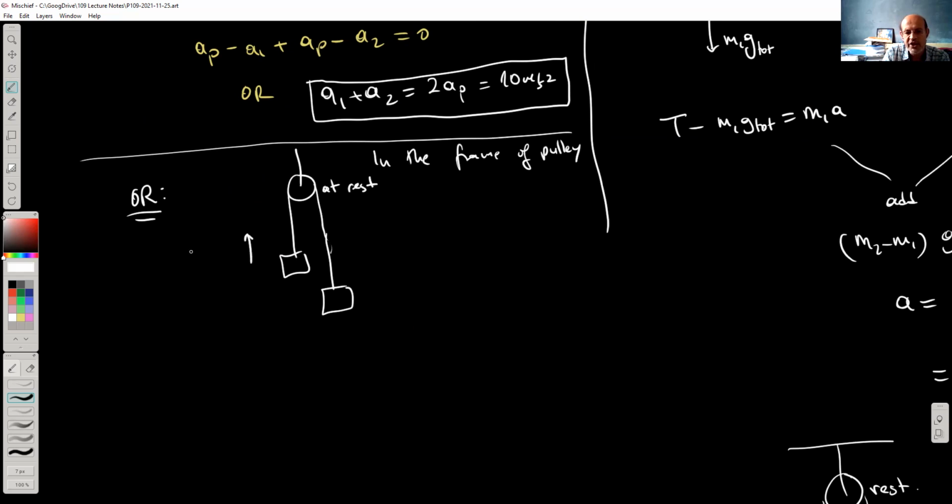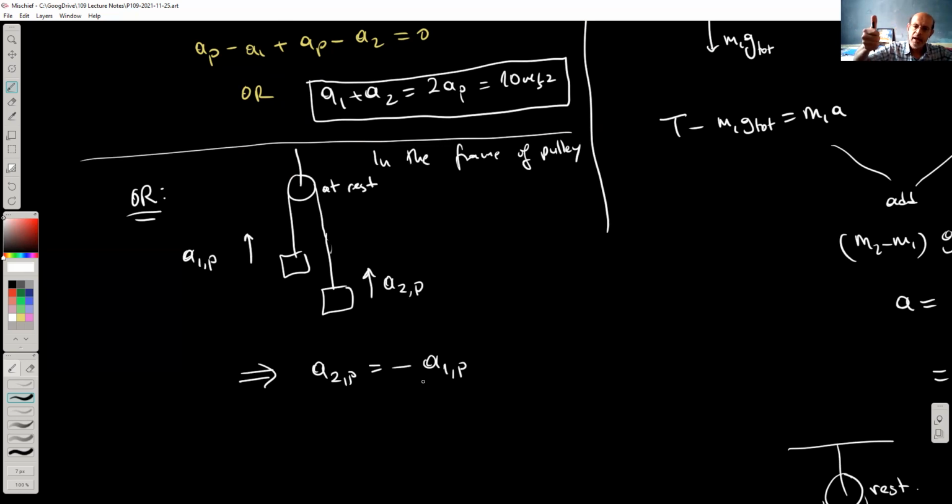This has an acceleration upward, which is basically the relative acceleration of 1 relative to the pulley. This has a relative acceleration, which is A2P. So I know that this is at rest. In that case, these two accelerations are equal and opposite. So as a result, A2P numerically should be the negative of A1P.